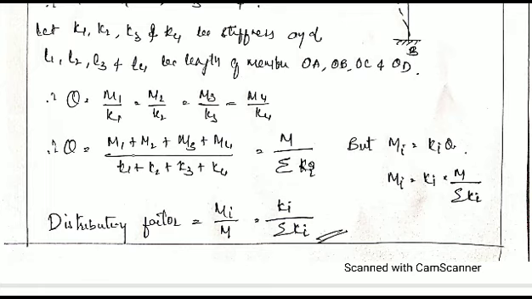So M cancels, leaving Ki by summation of Ki. This indicates that the distribution factor for an individual member equals the stiffness of that member divided by the total stiffness of the members connected at that joint. So distribution factor equals Ki by summation of Ki.